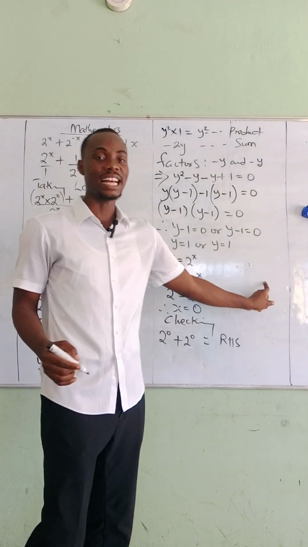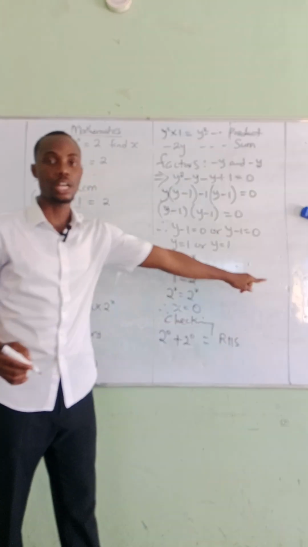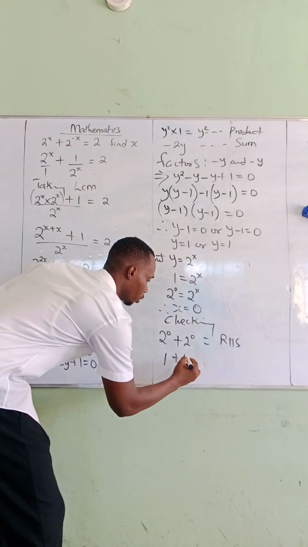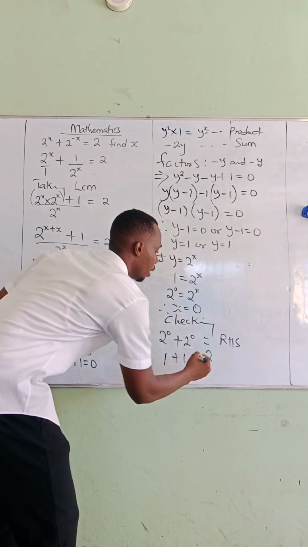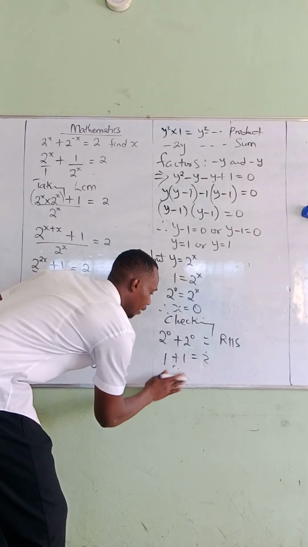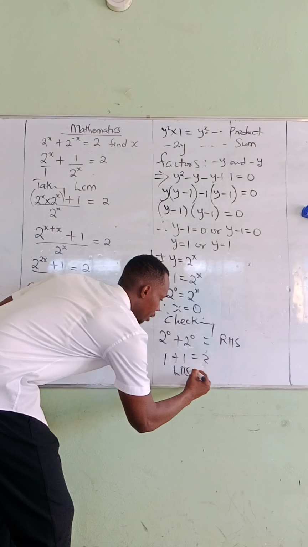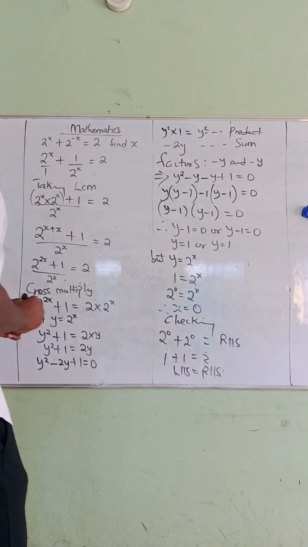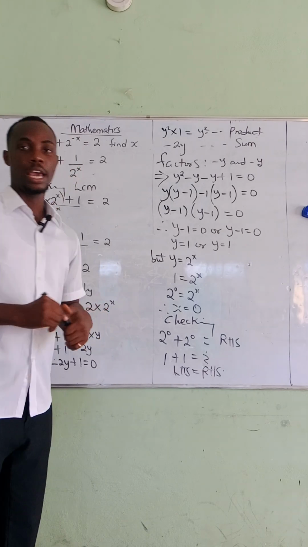We earlier said that any number raised to the power of 0 gives us 1. Therefore, 1 plus 1 equals 2, which equals the right hand side. And we have solved this question. Any question?